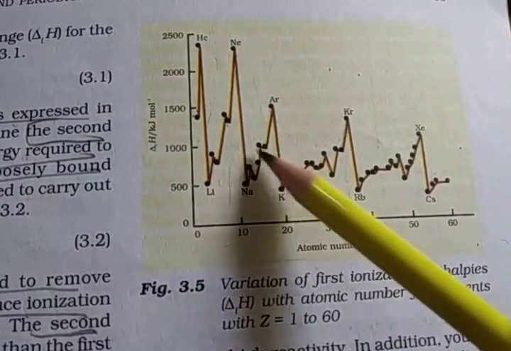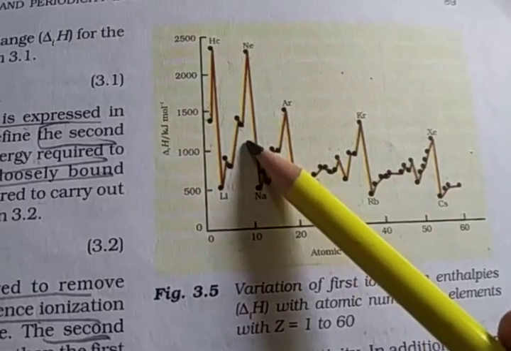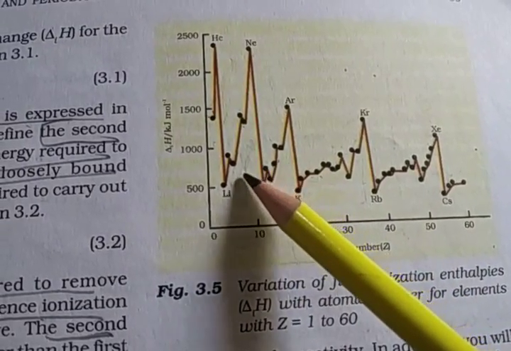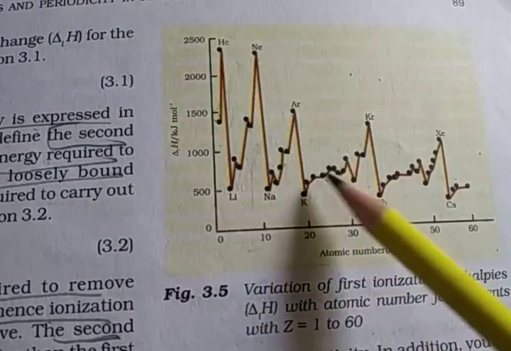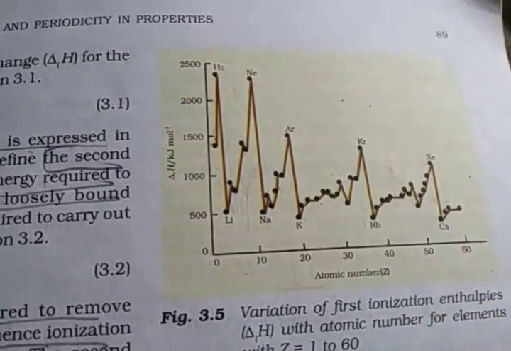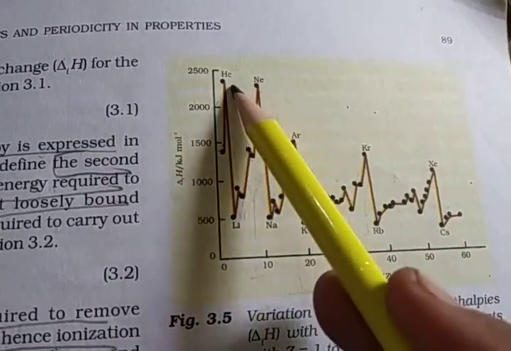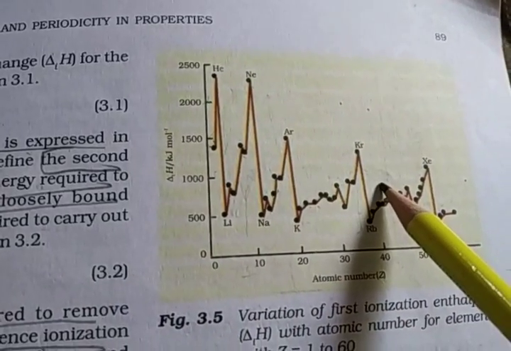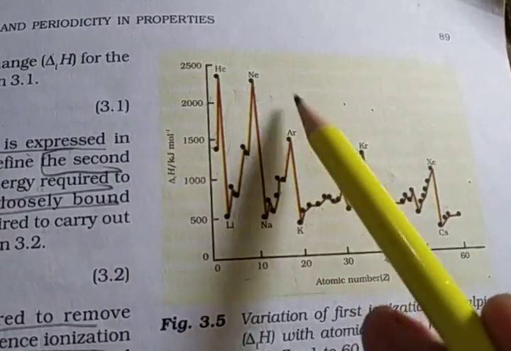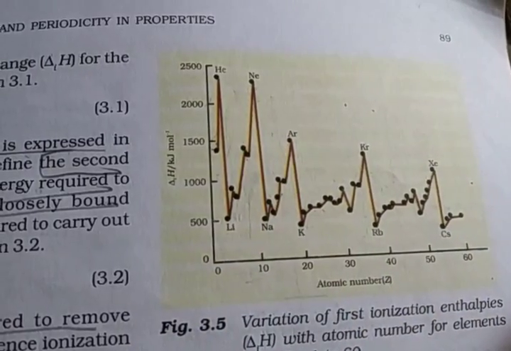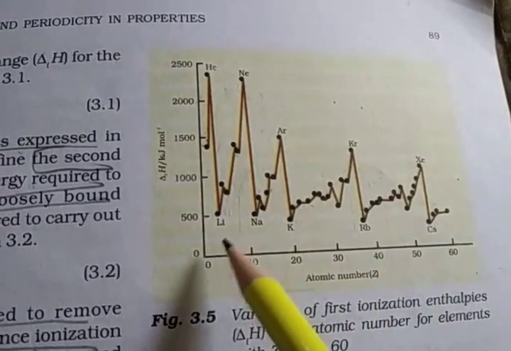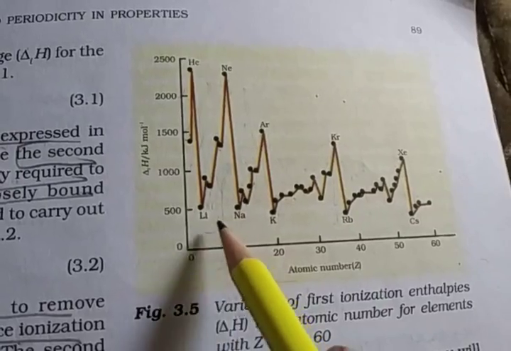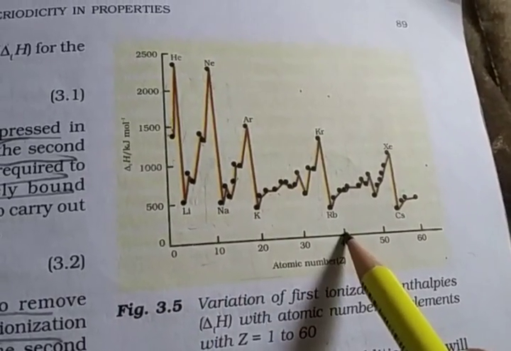The periodicity of the graph is quite striking. We find the maxima at the noble gases: helium, neon, argon, krypton and xenon. These noble gases are at the higher positions because they have closed electron shells, a completely stable electronic configuration. The minima are at the alkali metals: lithium, sodium, potassium, rubidium.